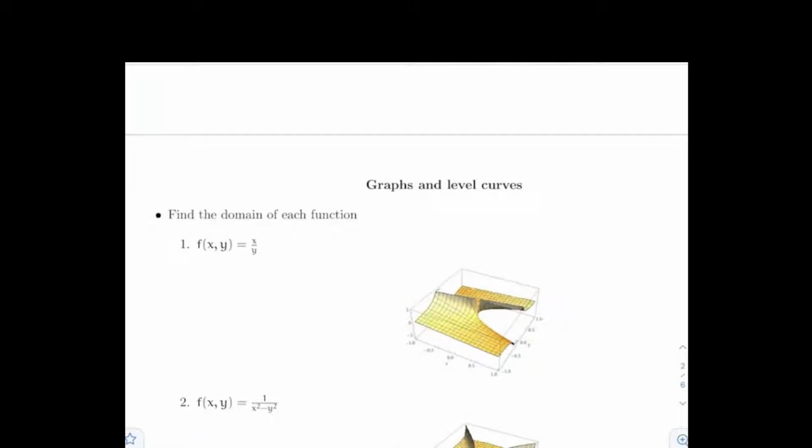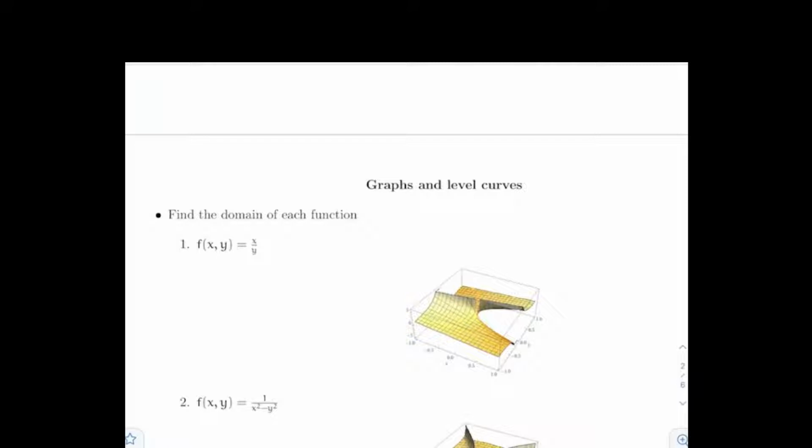The first problem that I'm looking at is the function x over y. So on the right part of the notes, you see that I have a sketch. I have a plot that I used Wolfram Alpha to come up with, a picture of this surface, right? So now my graphs are not just curves, they are surfaces.